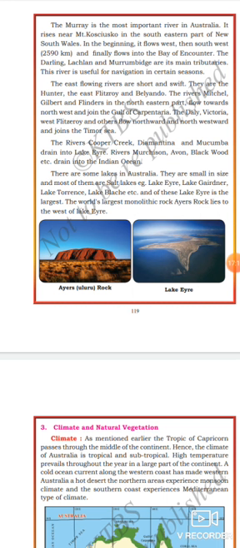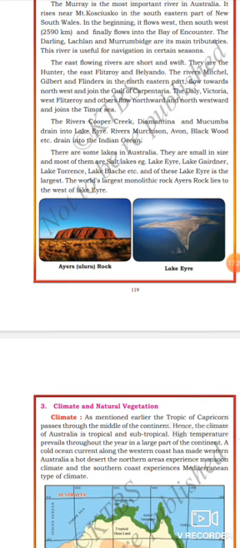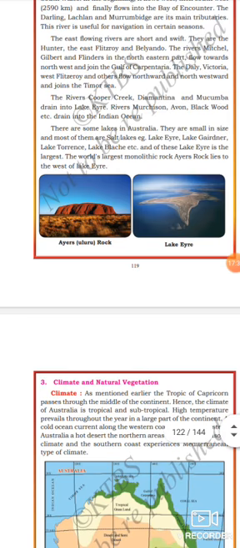The rivers Mitchell, Gilbert, and Flinders in the northeastern part flow towards the northwest and join the Gulf of Carpentaria. Got it? The Daly, Victoria, West Fitzroy, and others flow northward and northwestward and join the Timor Sea.